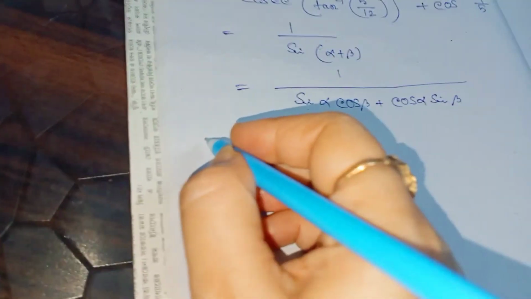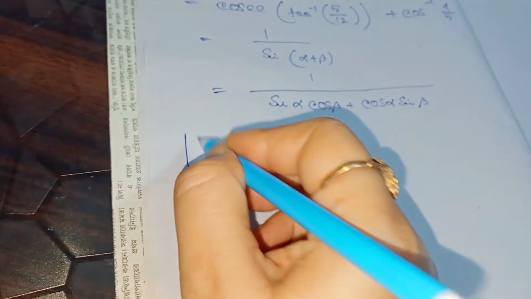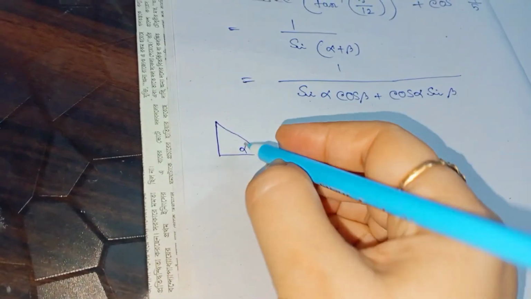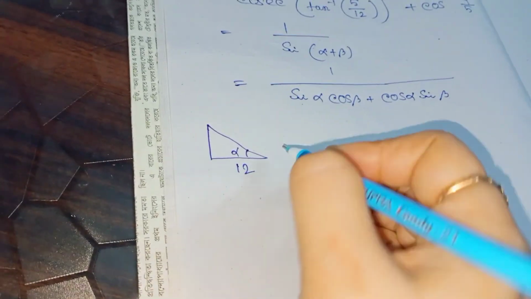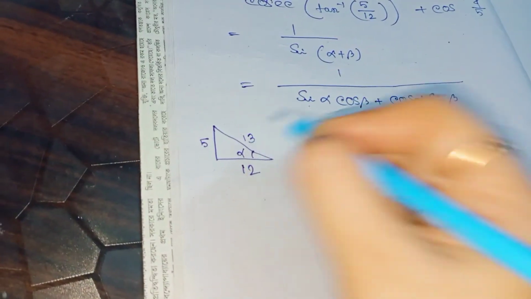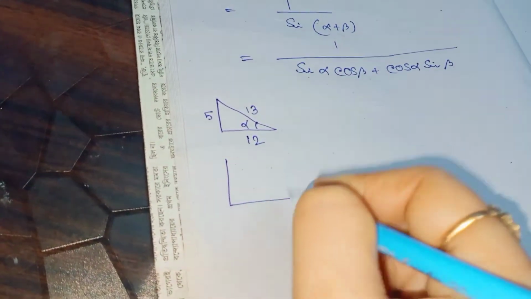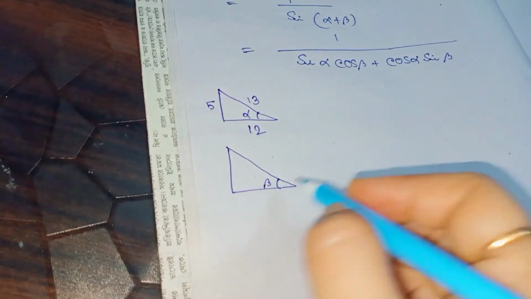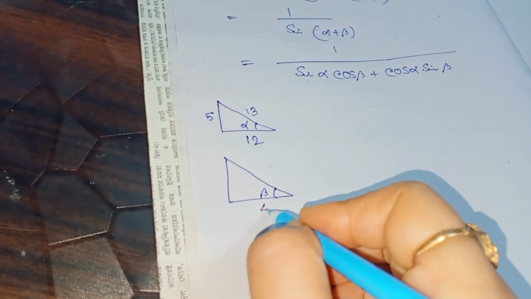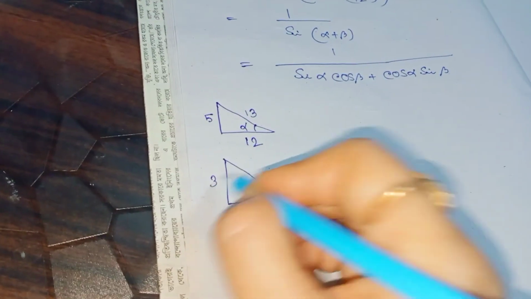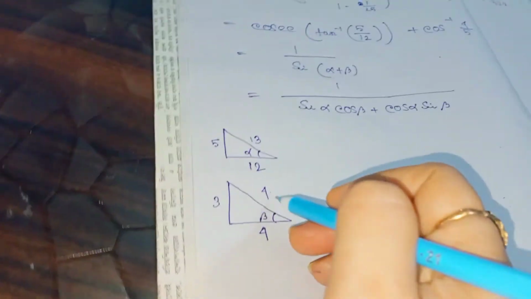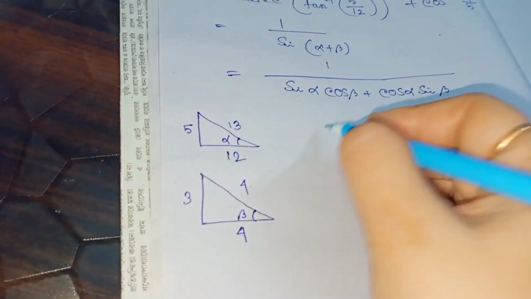So now make this right angle triangle with angle alpha: this is 12, this is 5, and here it is 13. Another right angle triangle has angle beta: this is 4 and this is 3, hypotenuse is 5.